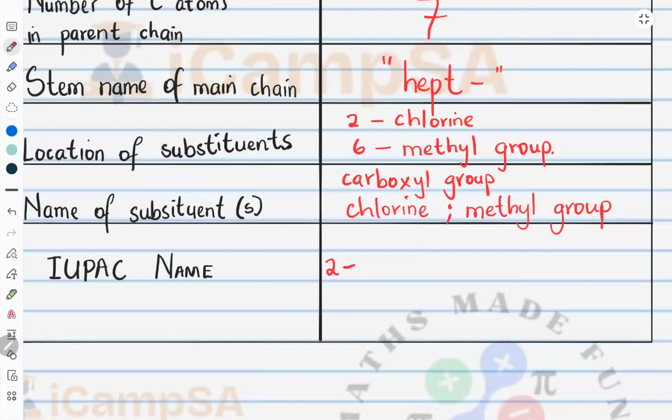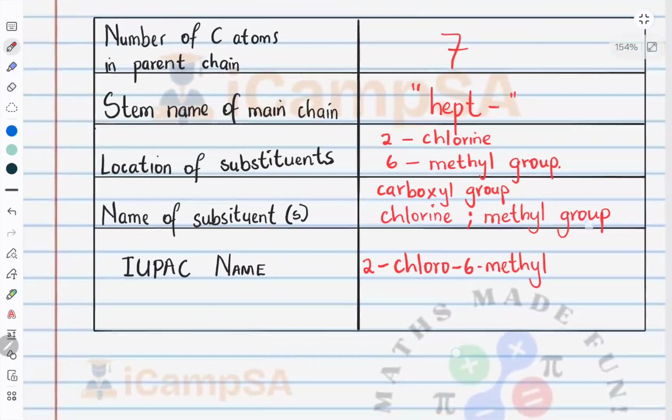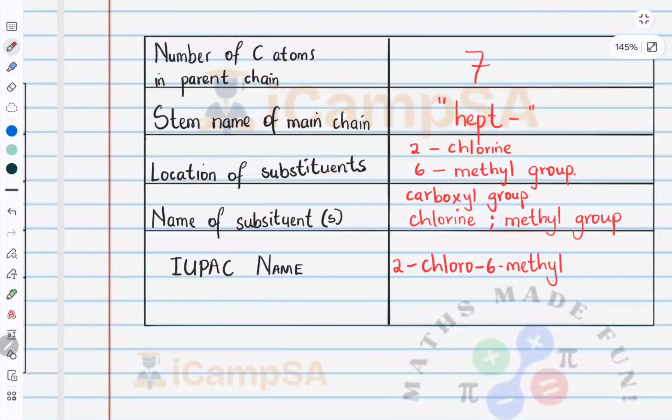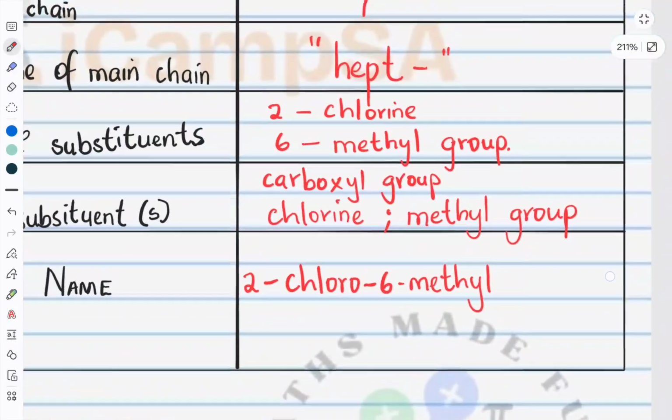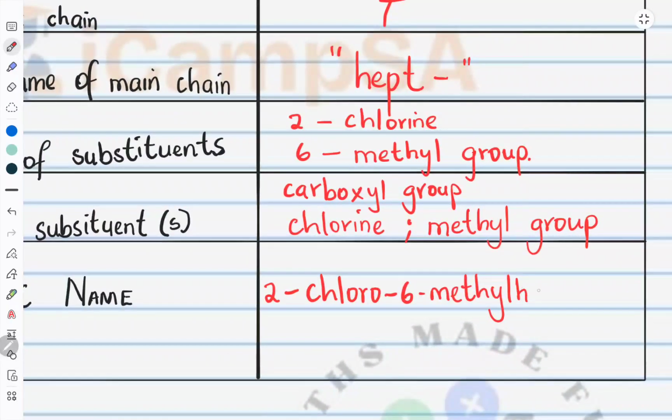So we can say 2-chloro. What's the location of the methyl group? It's 6-methyl. And then we can say the name is heptanoic acid.